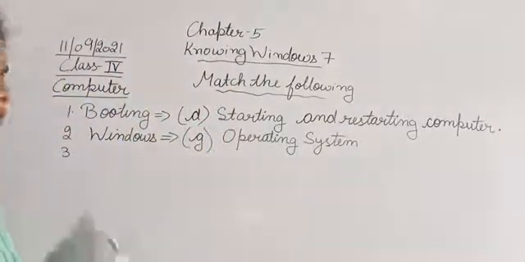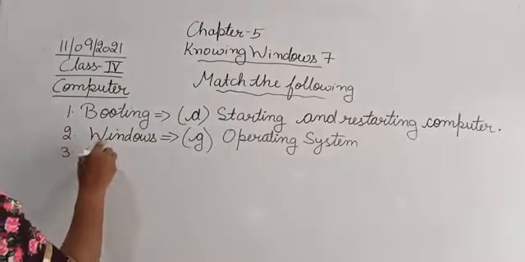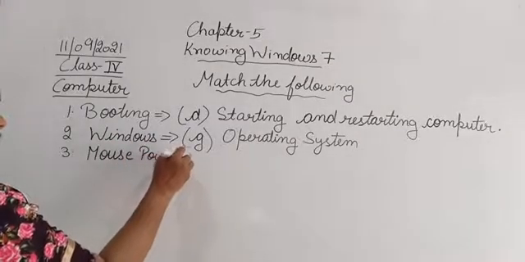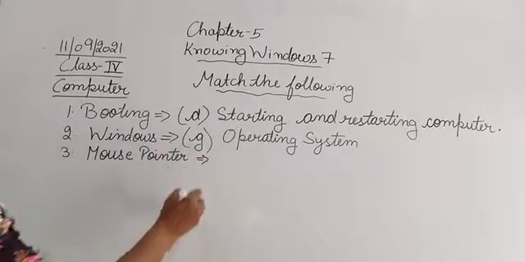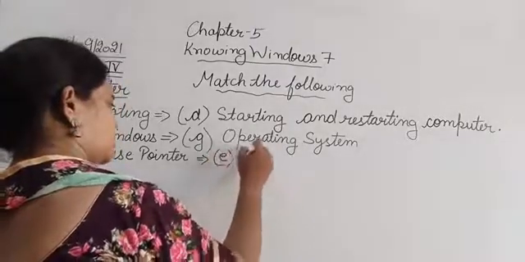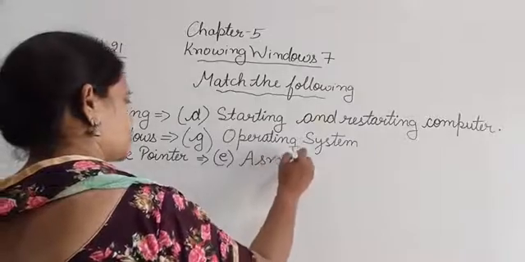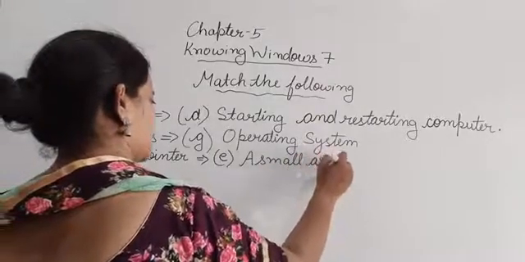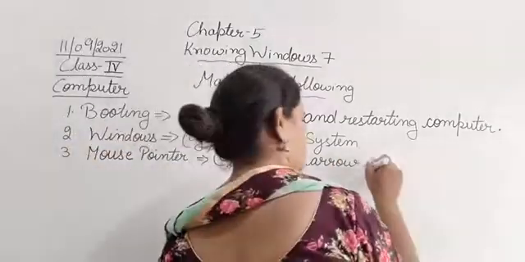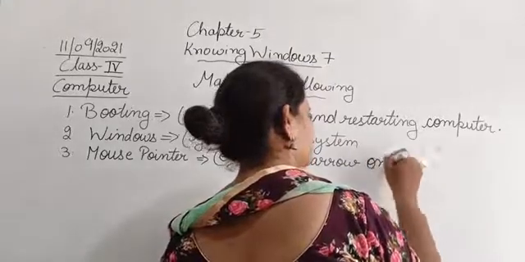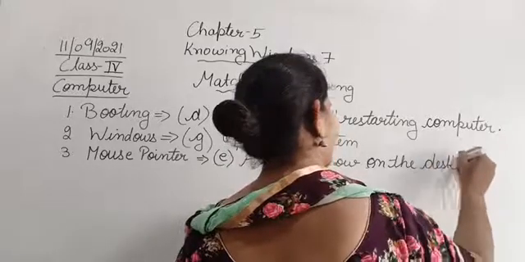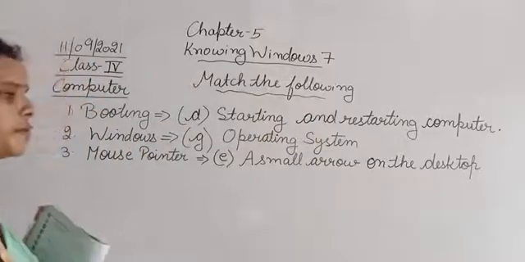That is option number E. A small arrow on the desktop is a mouse pointer.